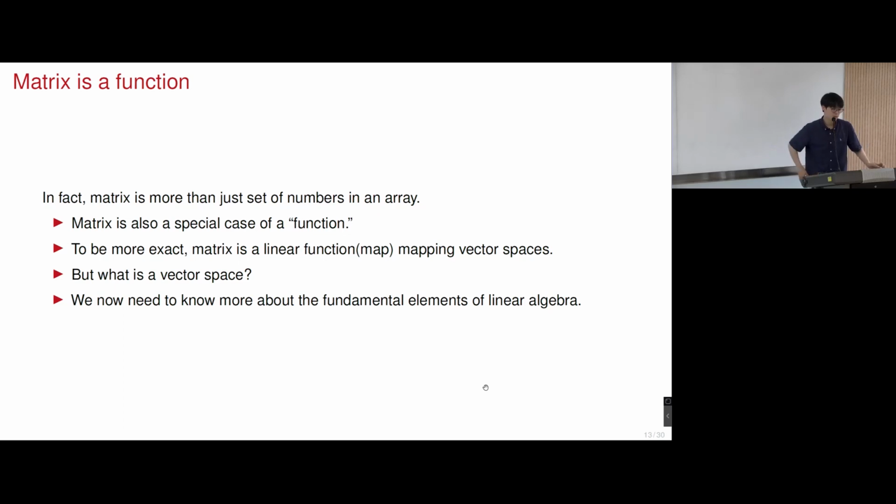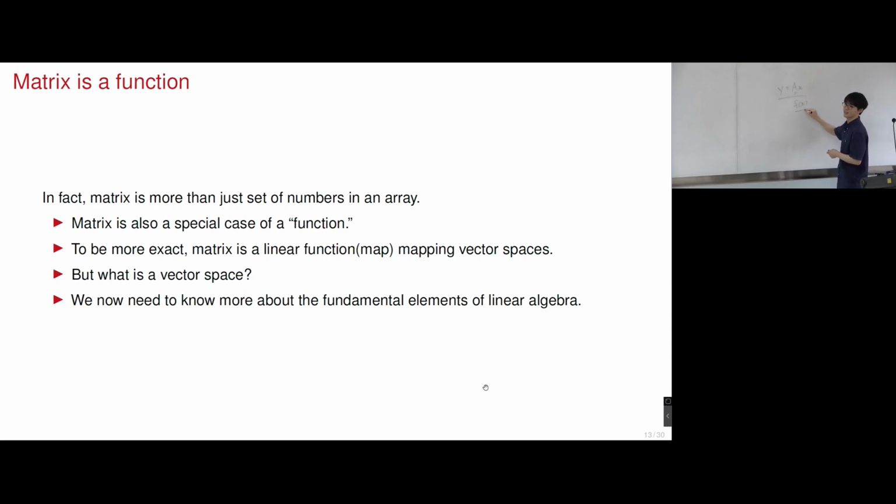I'm not going to explain much about this in this session, but I'm going to talk about it very briefly in the next section. Matrix is also a special kind of function. What I mean by a function, you can guess from the definition of how we did this, like y is Ax. This is similar to a function, right? We can just say this is f(x).